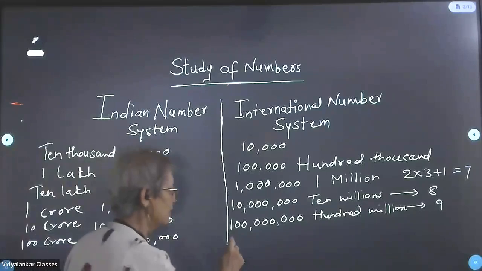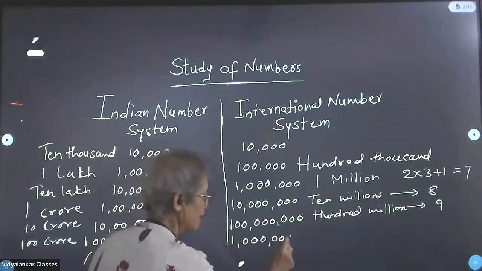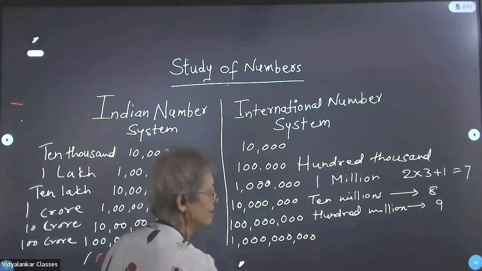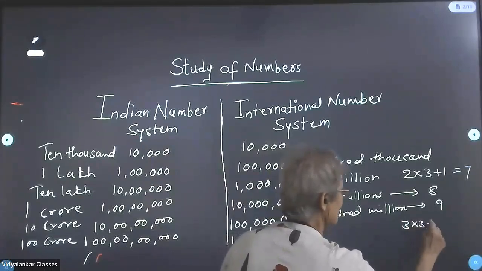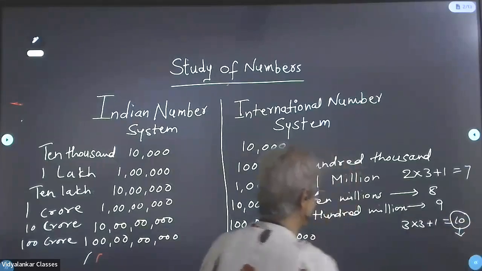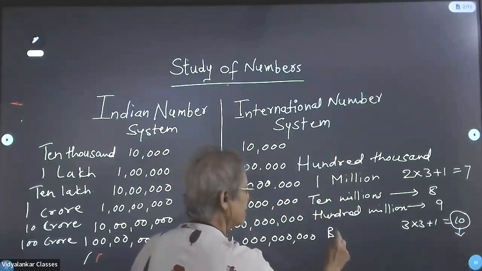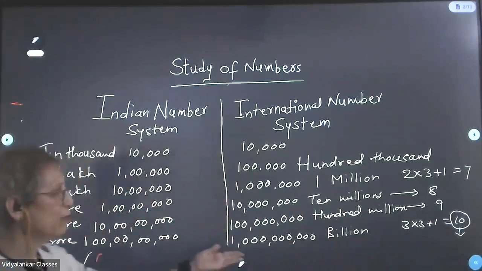And here the 9 zeros are written in groups of threes. So this is nothing but 3 groups of threes plus 1, so 10 digits. From 10 digits onwards, the number becomes billion. So this is now billion.